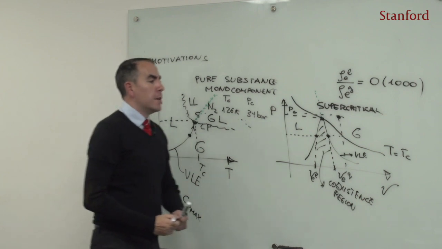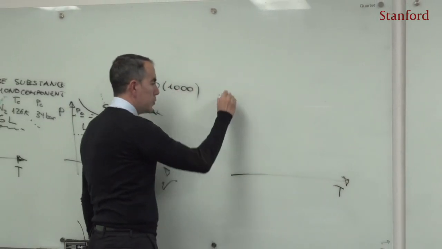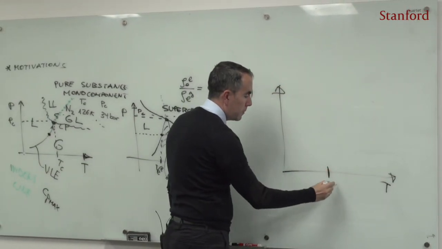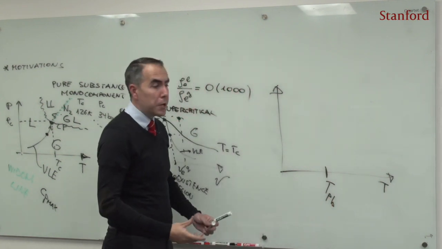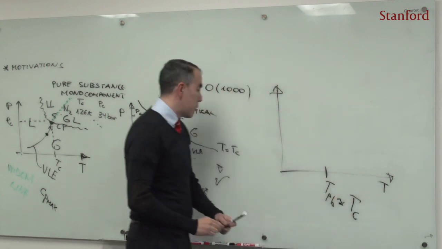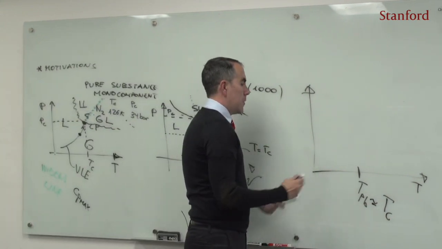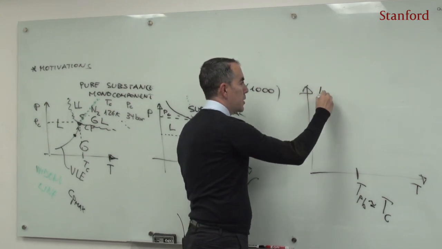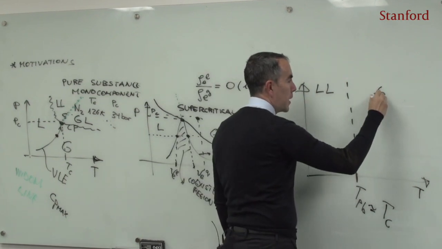For instance, if I look at the temperature axis, and here I have a pseudo-boiling temperature at a given pressure, this pseudo-boiling temperature close to the critical point is very similar to the critical temperature, because it emanates from the critical point. So to the left of it, I'm going to have something liquid-like, whereas to the right, I'm going to have something gas-like.